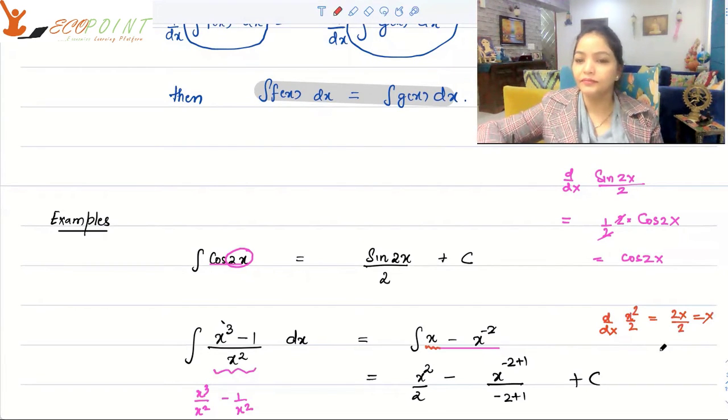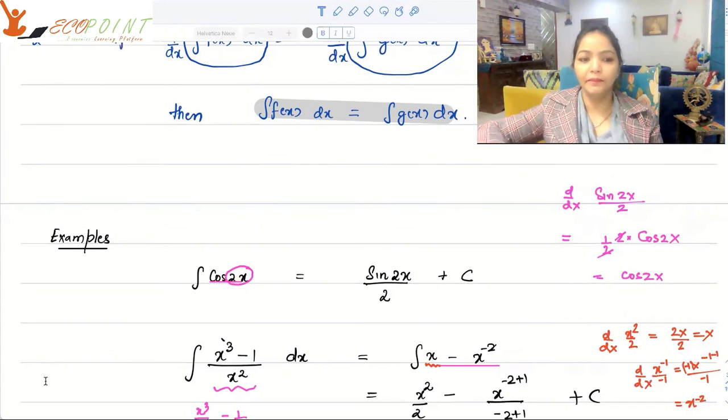And the derivative of x to the power minus 1 upon minus 1 will be x to the power minus 1 minus 1, and the minus 1 comes out in product and the minus 1 out here cancels, and you just get x to the power minus 2. So that is why you get x to the power minus 2 plus 1 upon minus 2 plus 1, plus c. Okay.